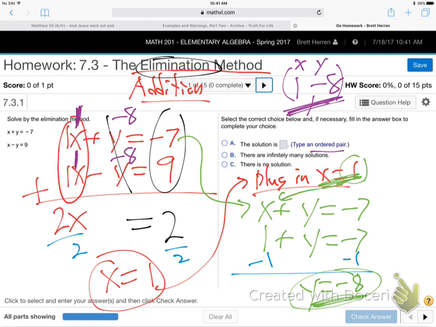And 1 minus a minus 8. What's minus minus? Plus 8. 1 plus 8, 9. See how it's making both equations true? So 1 for x, negative 8 for y are the plug-ins that make both equations true. That's the answer to both equations, so we say it's the answer to the whole system.